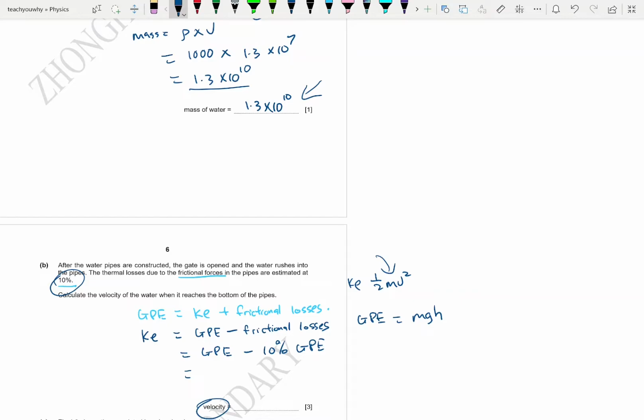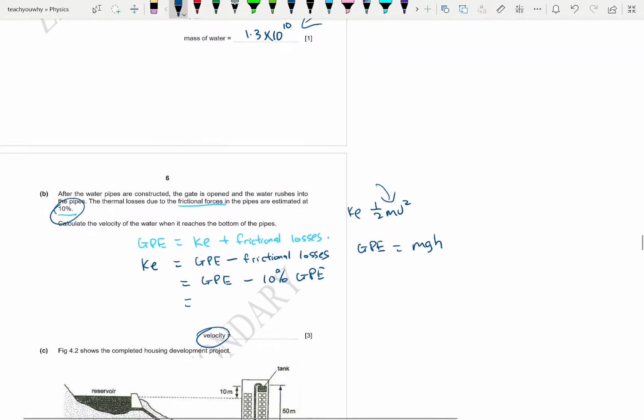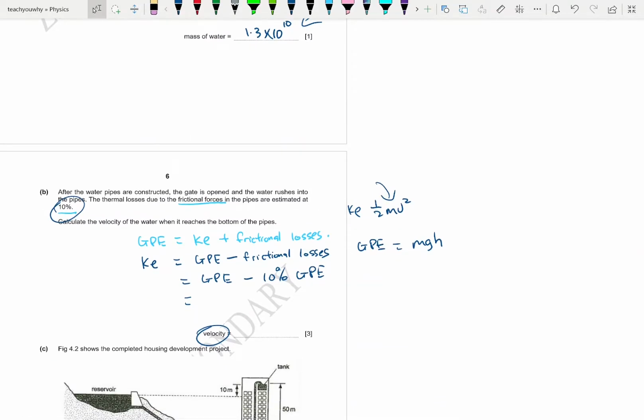Well, you can do that, but strictly speaking, it doesn't matter. Why is that so? It's because if we assume that GPE equals mgh, it equals KE, which equals half mv squared.